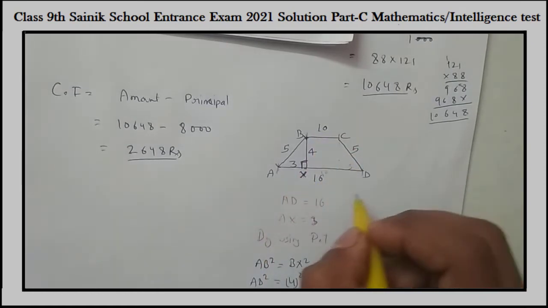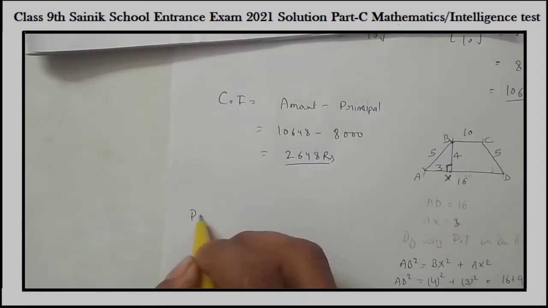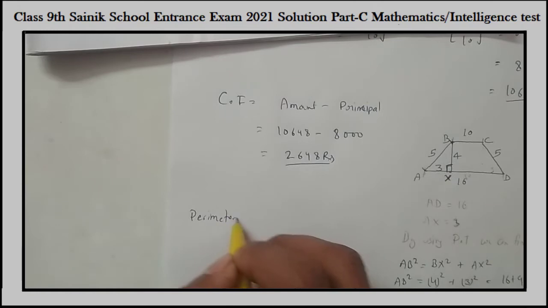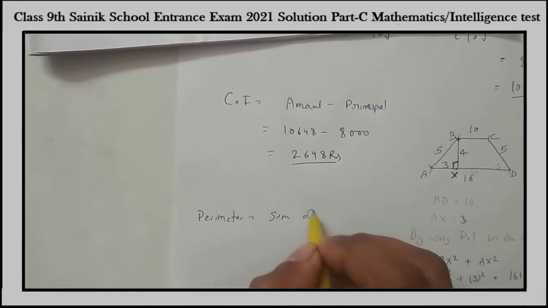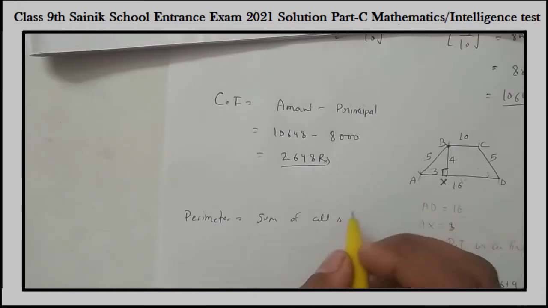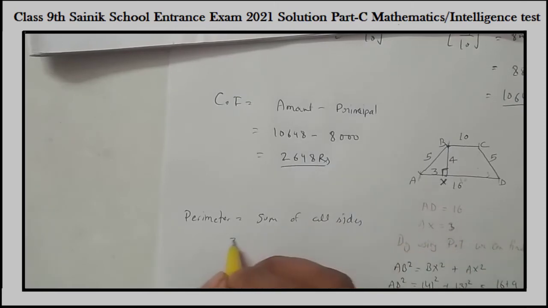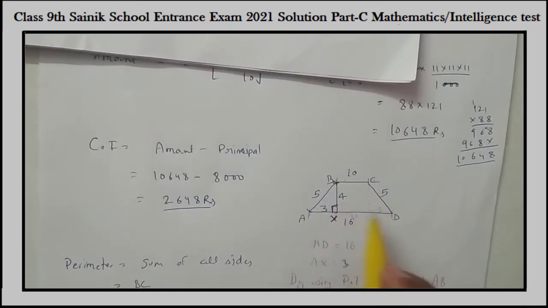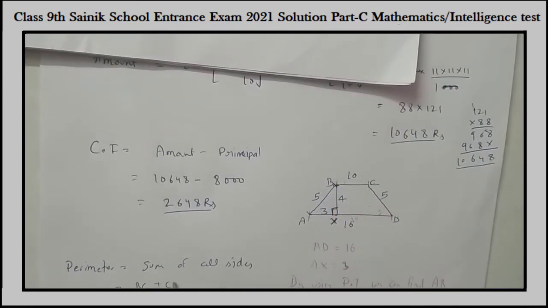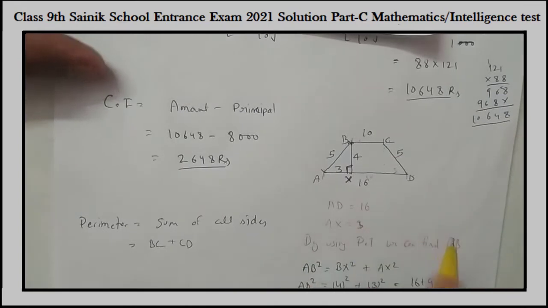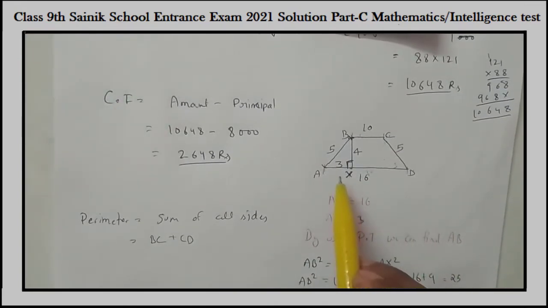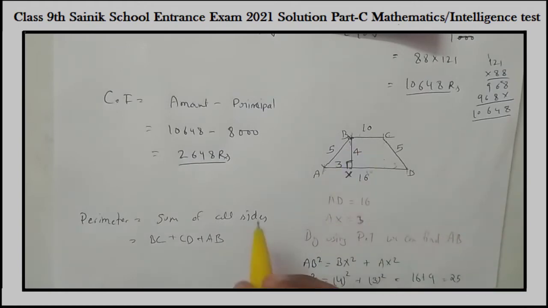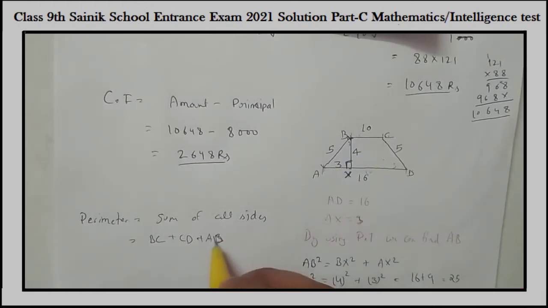So perimeter is equal to the sum of all sides. We all know that this is the perimeter, and all sides means BC plus CD plus AB plus AD.